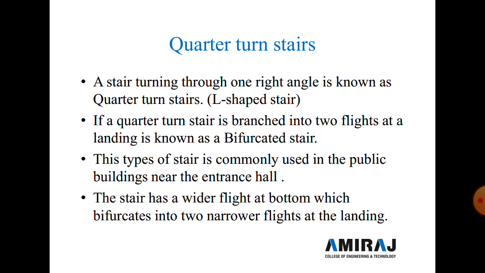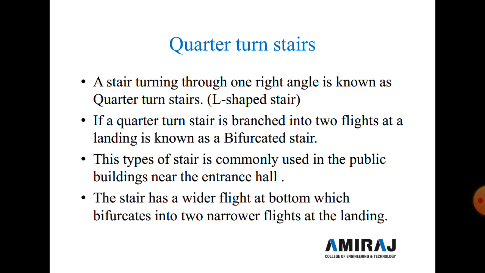Now second type of stair is a quarter turn stair. A stair turning through one right angle is known as a quarter turn stair, like an L-shaped stair. If a quarter turn stair is branched into two flights at a landing, it is known as a bifurcated stair. These types of stairs are commonly used in public buildings like a central hall.